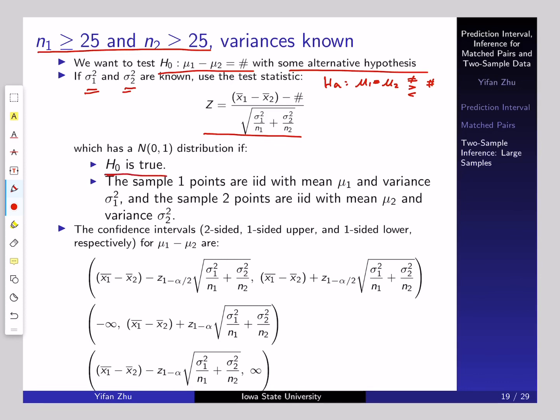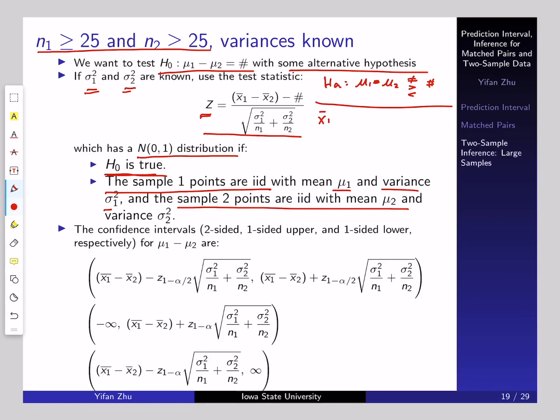Under the null hypothesis, where sample 1 points are IID with mean mu1 and variance sigma 1 squared, and sample 2 points are also IID, this test statistic Z would be a normal distribution. This is due to the CLT, and also a property of the normal distribution.